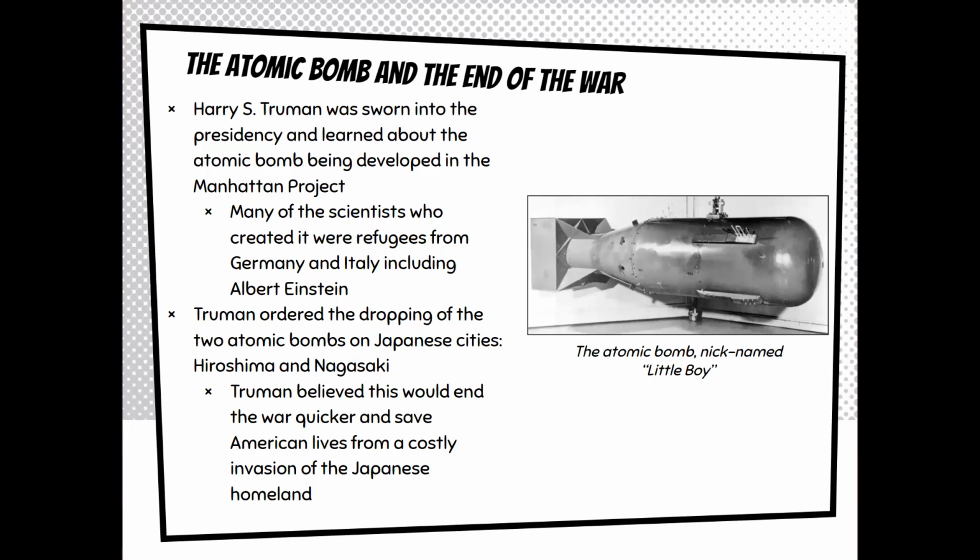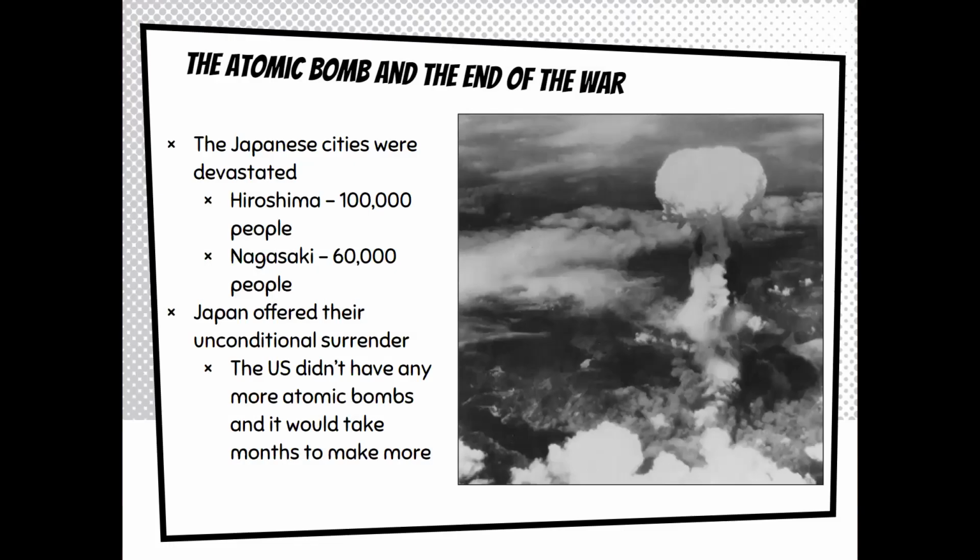Truman ordered these two atomic bombs to be dropped immediately. They were dropped on Hiroshima and Nagasaki. The belief was that this would end the war quicker and that America would not have to invade the Japanese homeland. Japanese cities were destroyed.